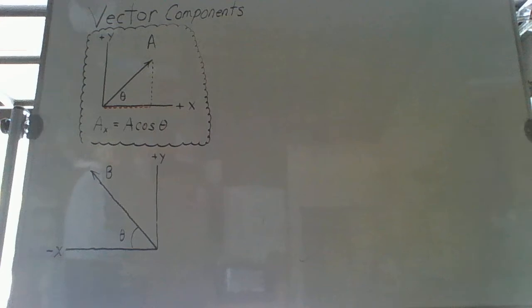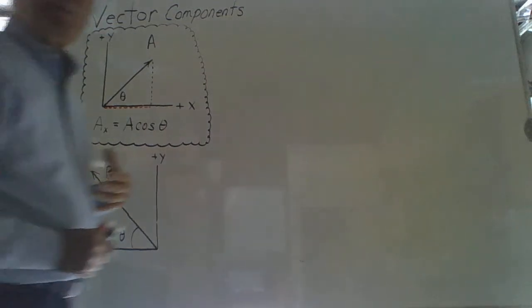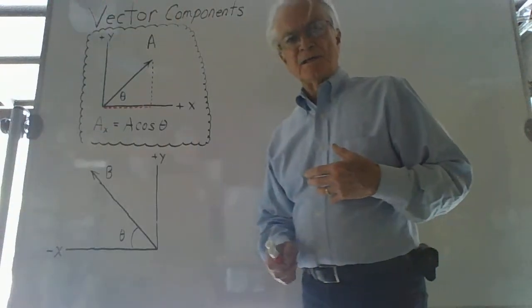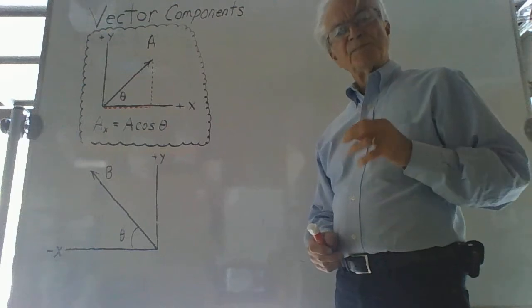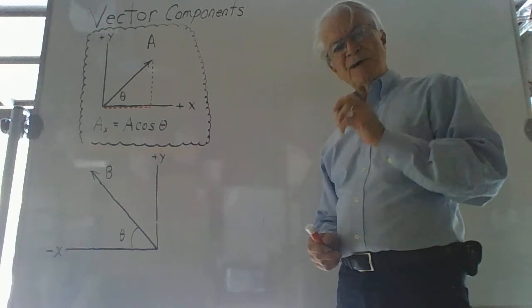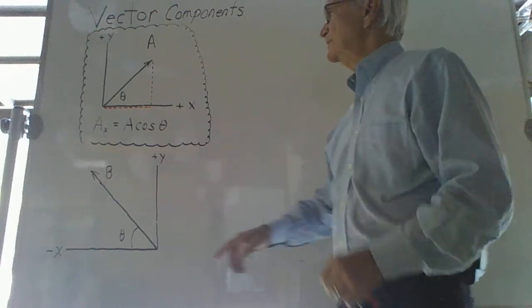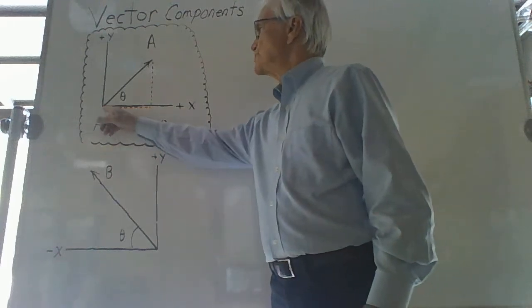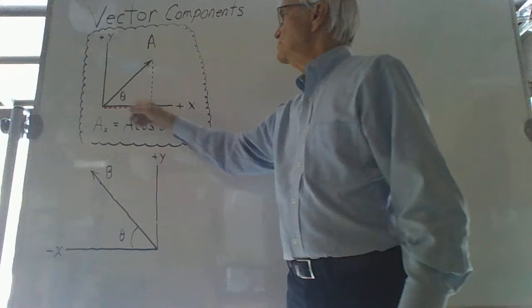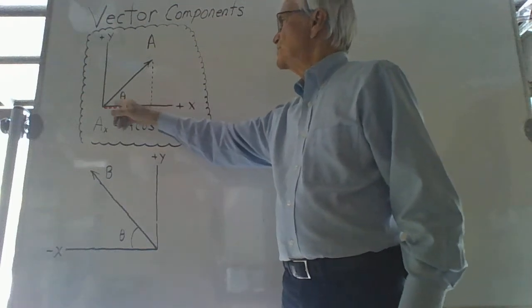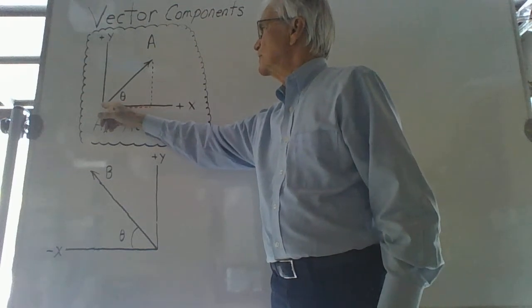The first step in determining the components of a vector is to make sure that the vector in question has its tail attached to the origin of the xy coordinate system. That's what we did with this first component calculation.